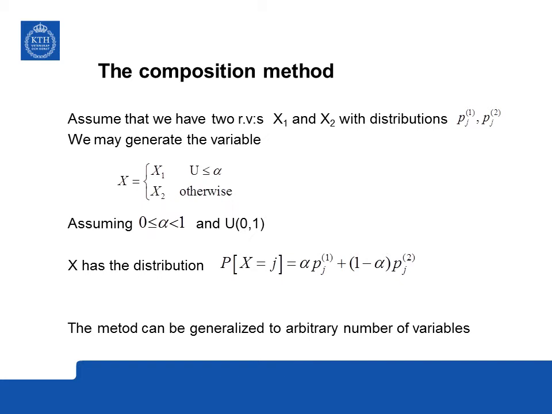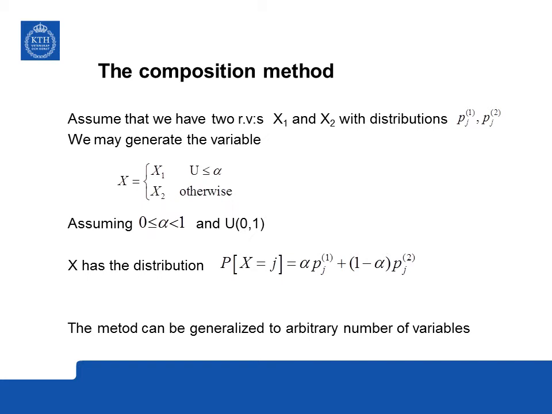And of course, assuming that alpha is between 0 and 1. And this is a way to instrument the random pick by using a uniform random variable. We can show that the output distribution of X is simply the weighted sum of the input distributions.